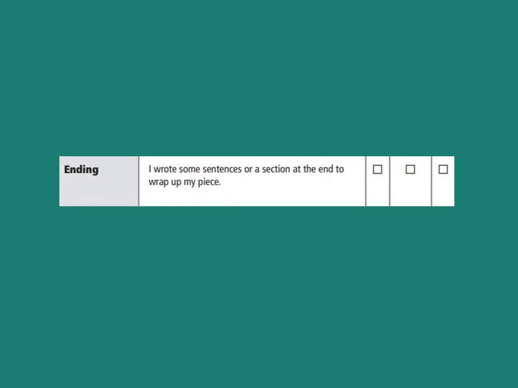So if I were writing about flying kites, I might say, flying kites is a very enjoyable thing to do, whether you're by yourself or with friends. If you're interested, try reading some more books or go out and fly a kite. Okay, make sure your piece has an ending to it. And remember, we're not saying goodbye or the end or thank you or I hope you enjoyed my book. Nothing like that.